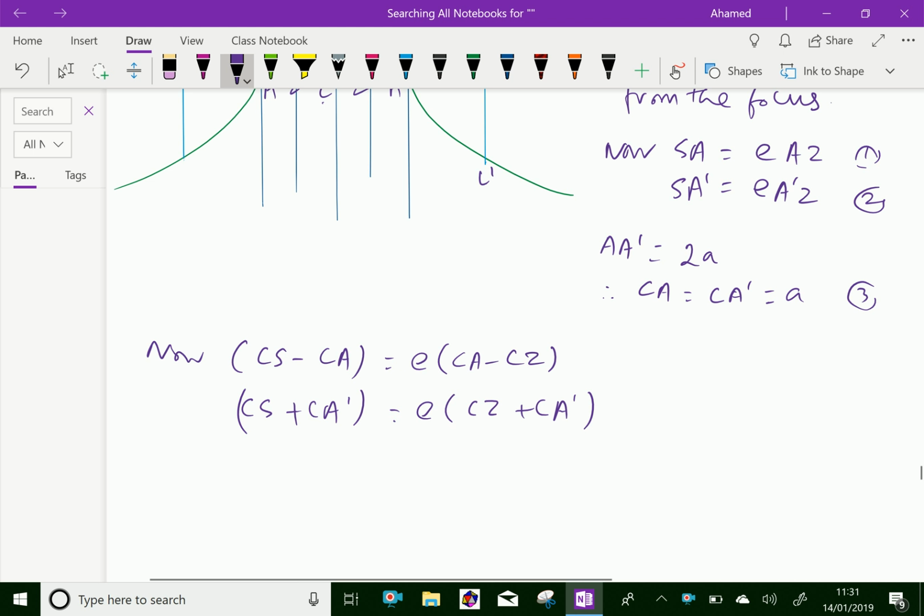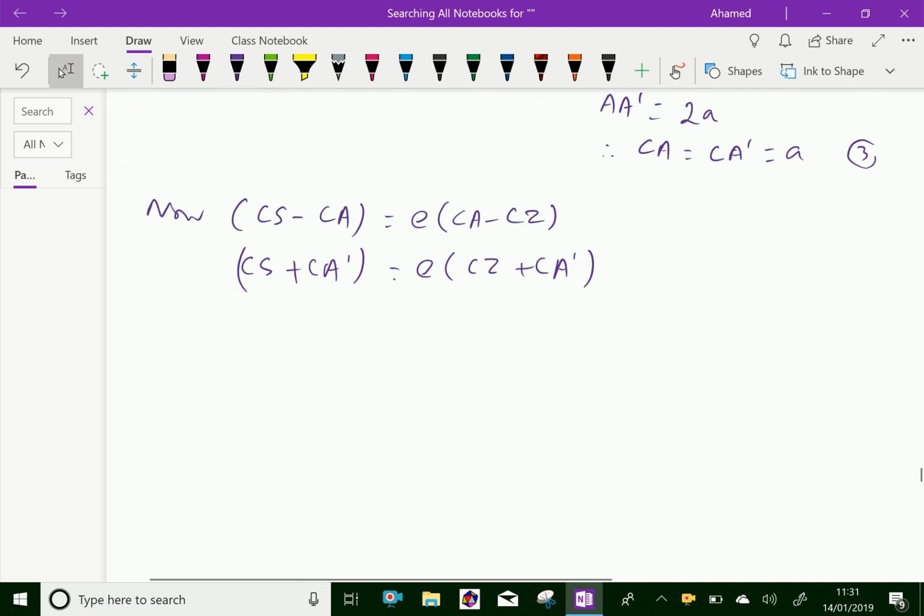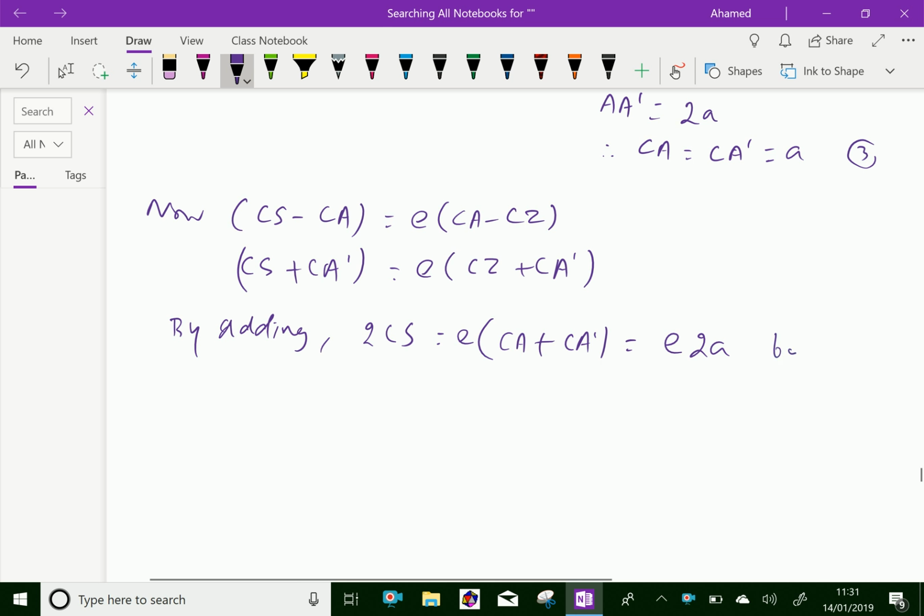By adding we get 2CS, because CA and CA dash are equal, which equals e times CA plus CA dash, which is equal to e into 2a. Let it be 4.